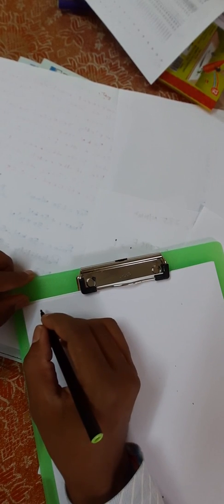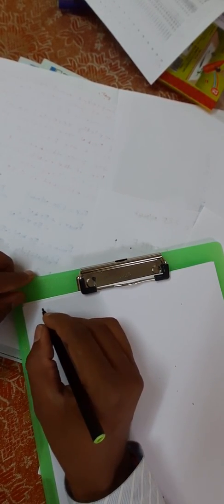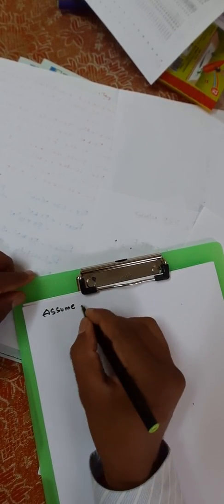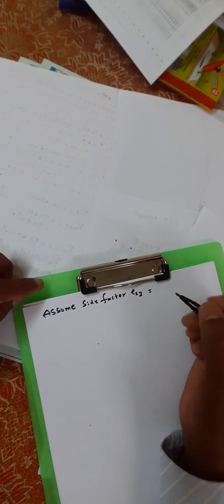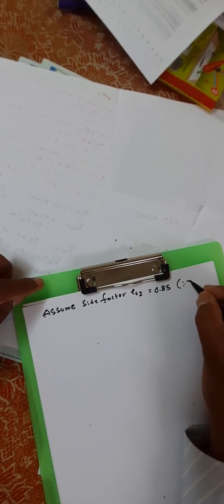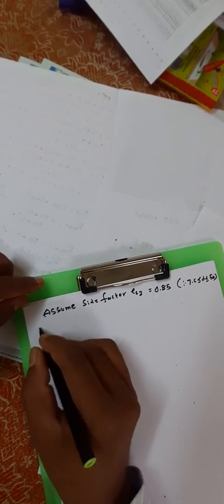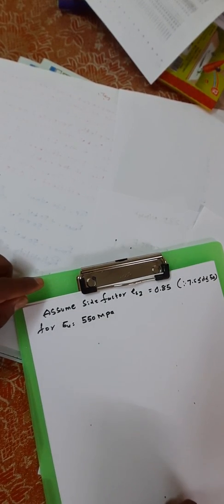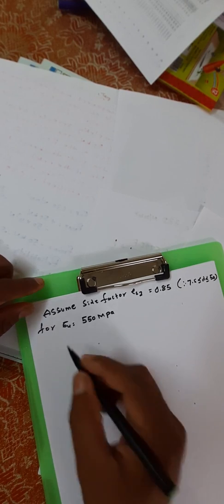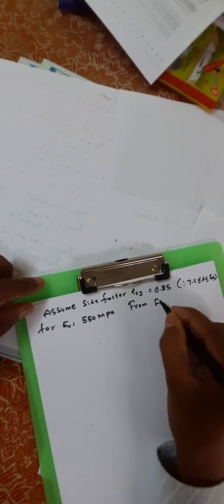Now you can observe here, if it is an axial load, whatever the diameter of the shaft may be, assume the size factor ESZ is equal to 0.8, if d is greater than 7.5 and less than or equal to 50, for sigma u equal to 550 MPa, from figure 5.3 in the design data handbook.